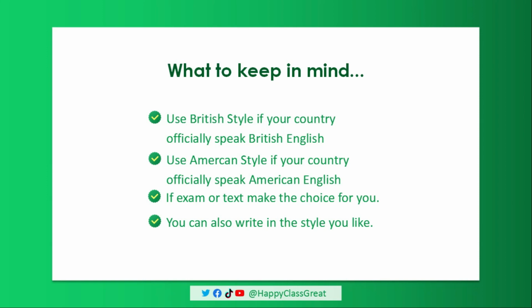Since we were colonized by the British and English is our official language, you are going to use commas and "and" when writing numbers in words. But in American style, if your country speaks American English, you do not use "and", but you use "and" for decimal points.